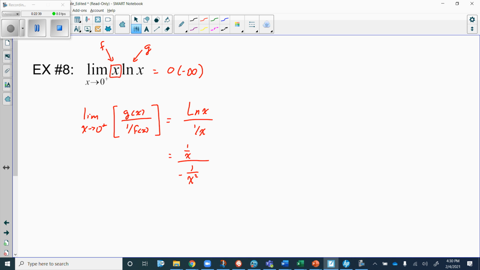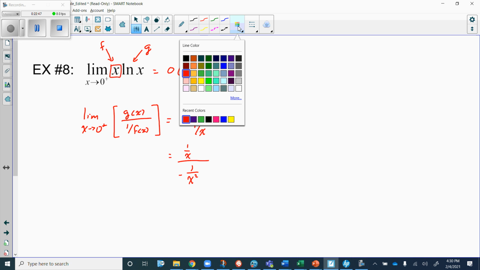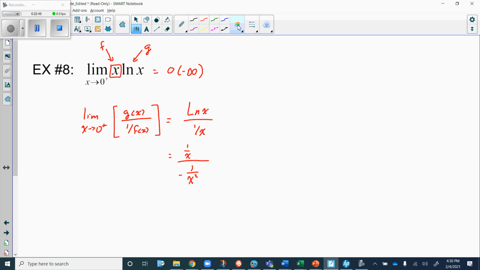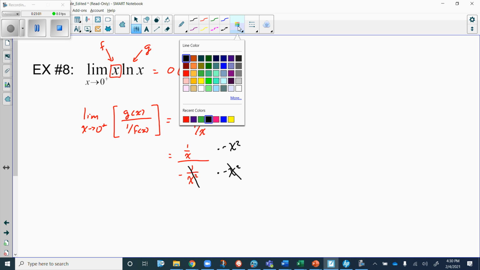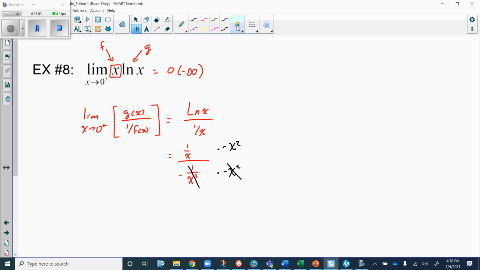But we can simplify this particular ratio by multiplying, kind of like what we did earlier, by the reciprocal of the denominator. So I can multiply here by negative x squared and multiply here by negative x squared. And these are going to simplify to be 1. And I'm going to be left with a negative x by itself.